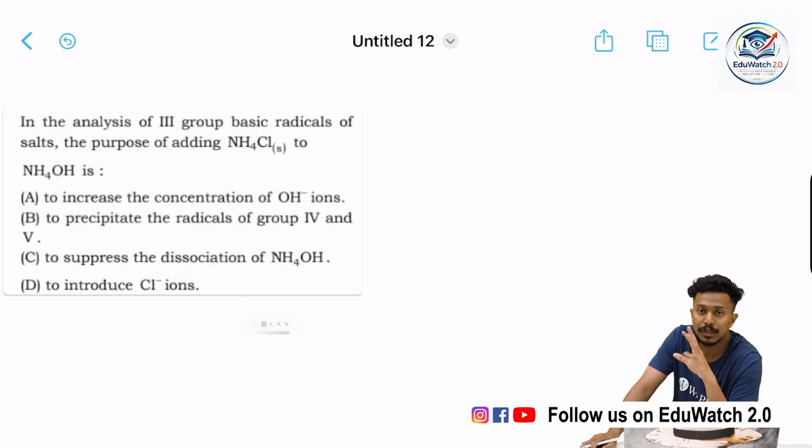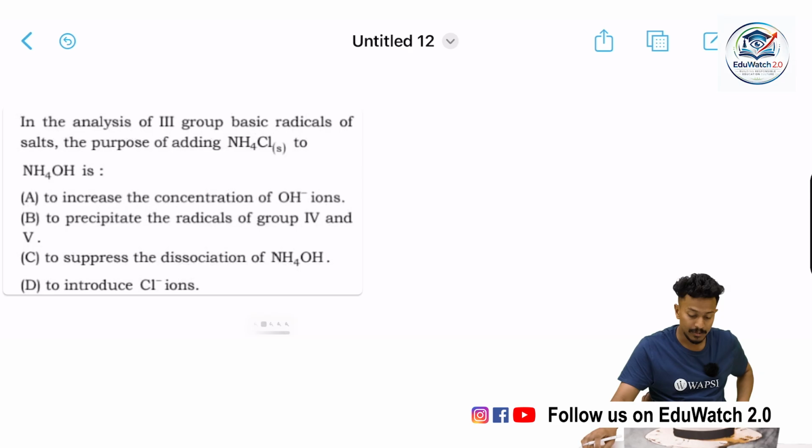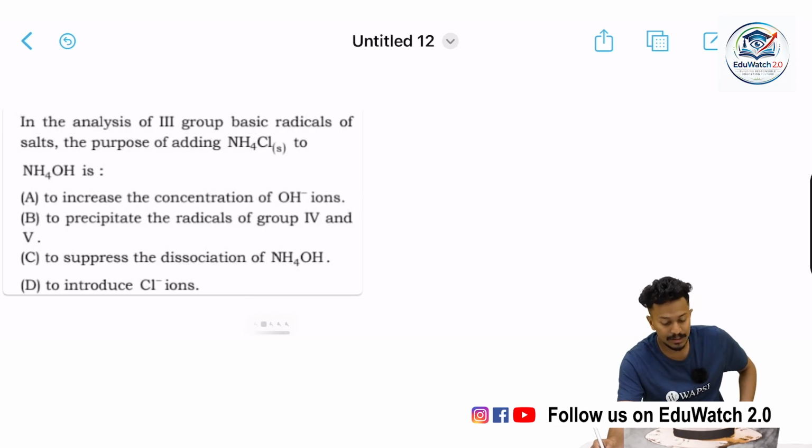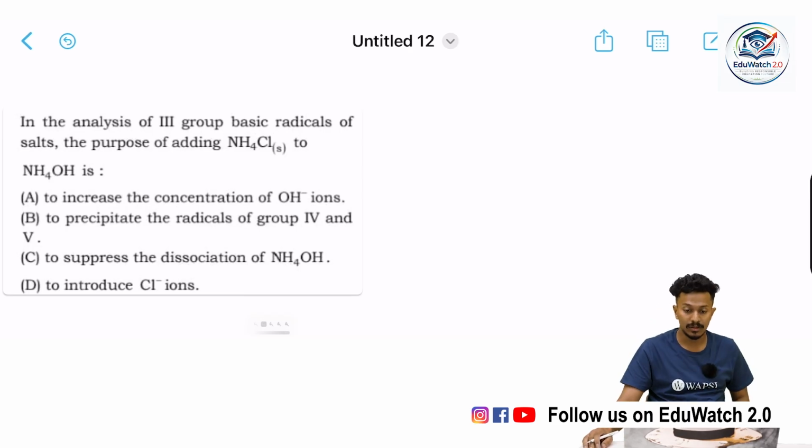What is the use of this? We have to find out whether it is to increase the concentration of OH minus ions, to precipitate the radicals of group 4 and 5, to suppress the dissociation of NH4OH, or to introduce chloride ions. What would be the main reason for this?